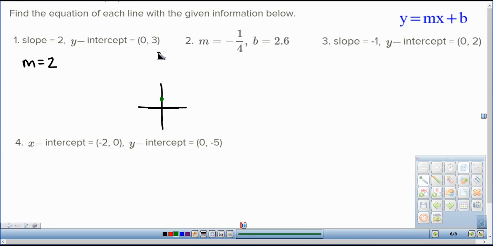So what is the y-intercept? The y-intercept is simply the y value if x is 0. That's the only time that the y-intercept would be the y value, is if the x value is 0. So my b value is just 3. And once I have those two numbers, I'm just following this recipe, and I get y = 2x + 3.